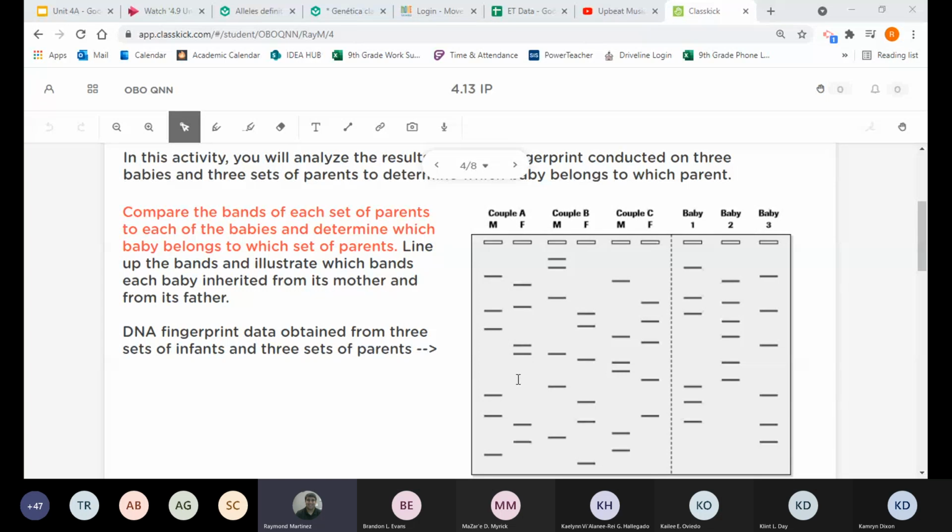So even though the last time the lollipop was matched directly to the person who licked it, this time we have the descendants of people, right? So remember, you are half your mom and half your dad. So it would make sense then that the DNA patterns for the child would have stuff from mom and stuff from dad, right? So it's not going to be an exact match because we're not matching blood to a person. Here we're matching the baby's blood to the parent's blood, right? So you're going to notice that there's DNA patterns from both parents in the child.